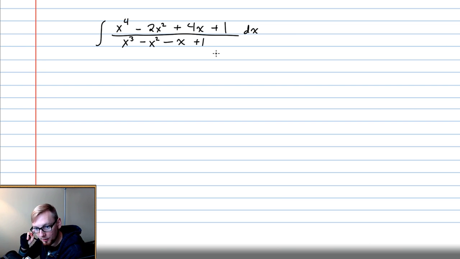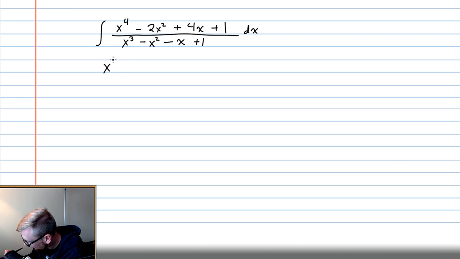Let's do division first. So we've got x to the 4th minus 2x squared plus 4x plus 1 being divided by x cubed minus x squared minus x plus 1, and we need to do long division.